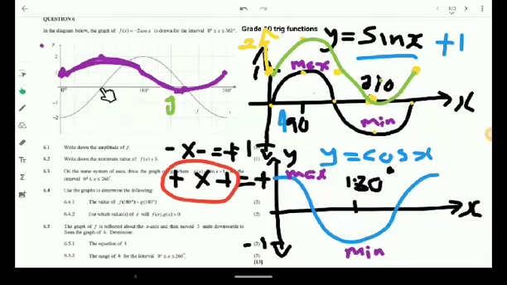Both of these two, the purple and the black graph, are above the x-axis from this point until this point. The purple graph is on top of the x-axis alone here from 270 to 360 degrees, and from 270 to 360 degrees, this one is negative.